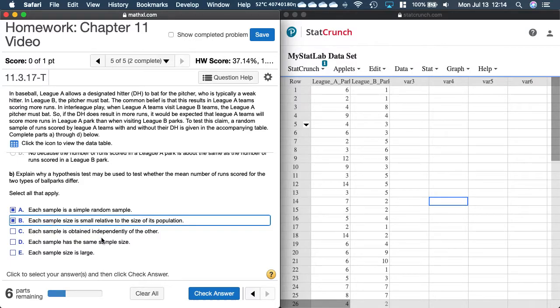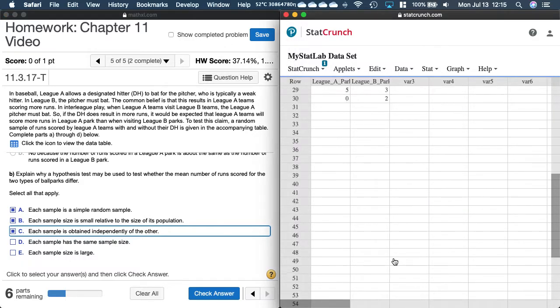So each sample is obtained independently. I would think that League A and League B are independent of one another. Each sample has the same sample size. That's not something that we necessarily have to have. Let's just kind of click over here.